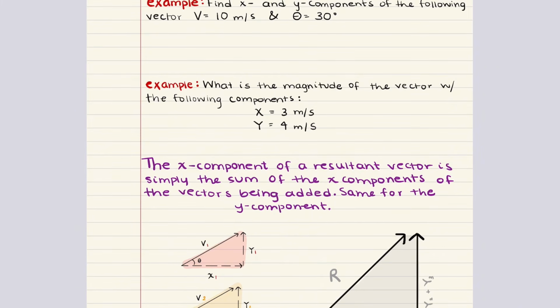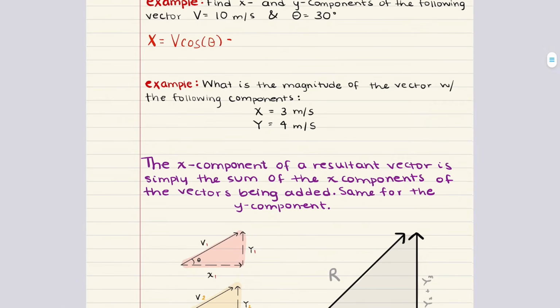This first example says, find the x and y components of the following vector v. V is equal to 10 meters per second, and theta is equal to 30 degrees. Now, to figure out the x component, this is just going to be v cosine theta. And we know v and we know theta, so it's just a matter of plugging those values in. 10 cosine 30 degrees.